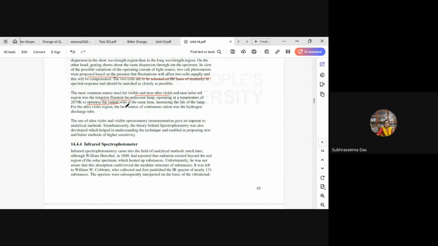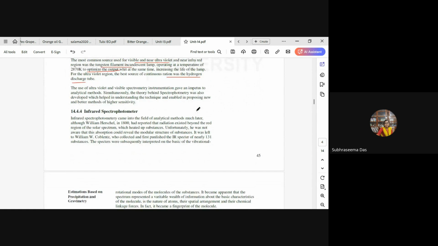For the ultraviolet region, the best continuous source was the hydrogen discharge tube. The use of ultraviolet and visible spectrometry was helpful in different types of analytical methods. So spectrophotometry was developed, and today we find very advanced technologies that employ the UV visible spectrophotometer.